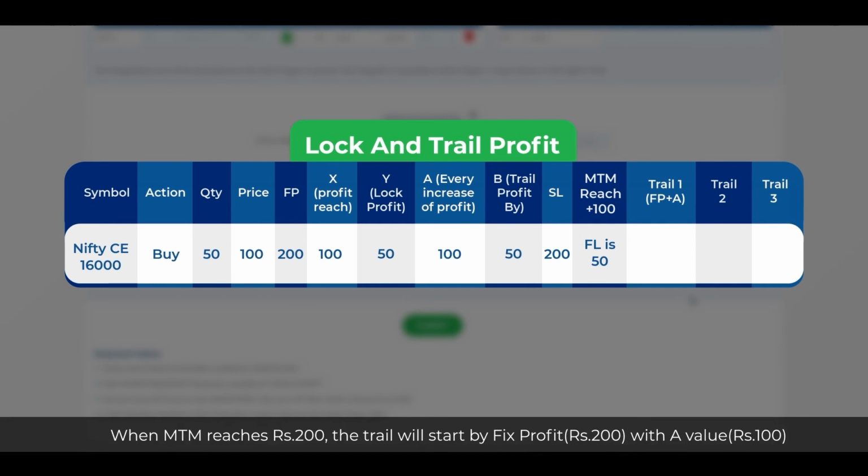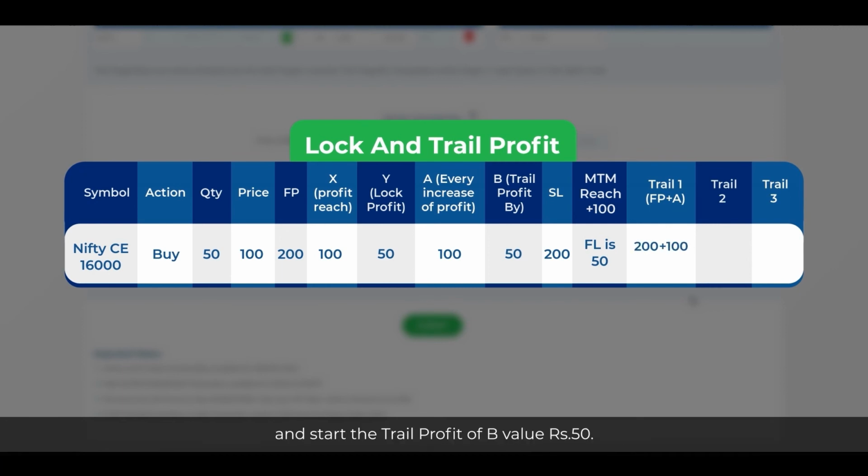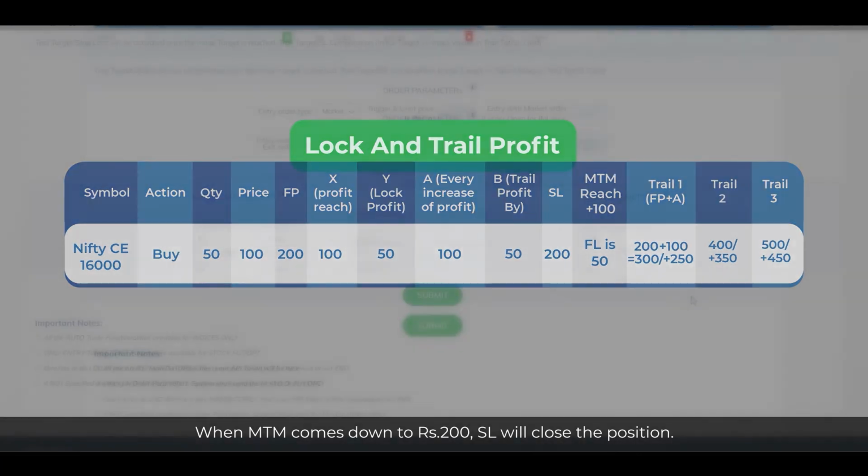When MTM reaches rupees 200, the trail will start by fixed profit 200 with A value 100 and start the trail profit B value 50. Once it reaches 300, the minimum profit booked is 250. From there, it keeps on trailing. When MTM comes down to 200, stop loss will then close the position.